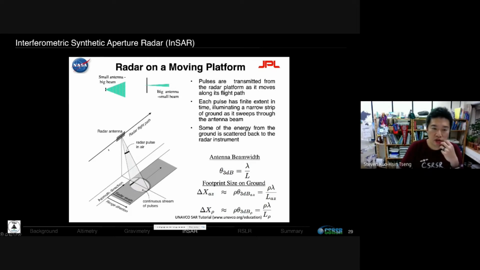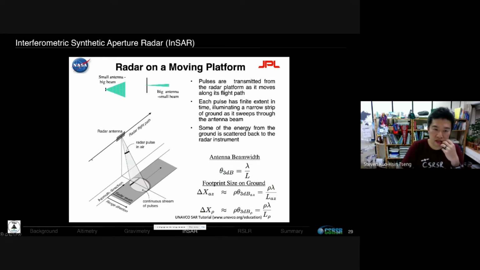So by using overlapped signal for a certain area, it can construct a so-called virtual antenna. So the virtual antenna looks like a very big antenna with a big aperture, because unless a big aperture antenna appeared here, we cannot measure a very small object.